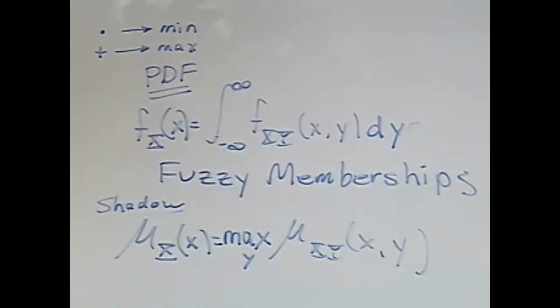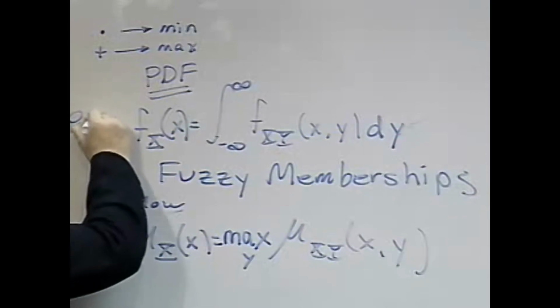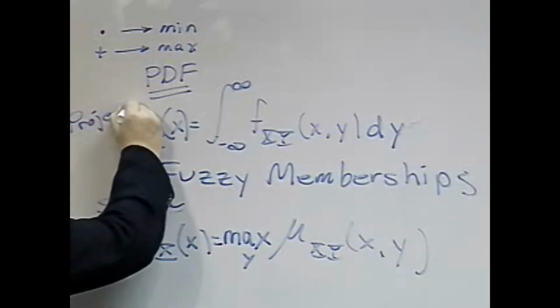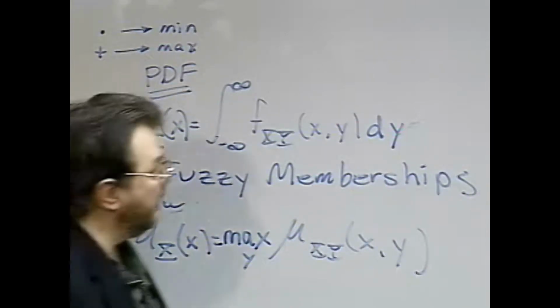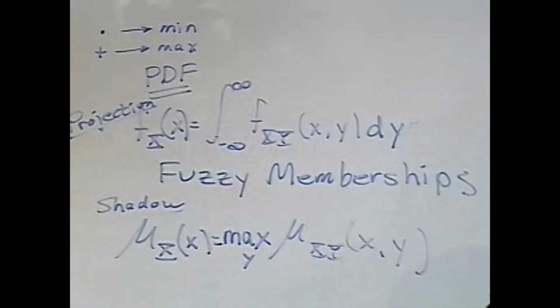And this is more of a projection. But you will notice the similarity in flavor of this concept between the idea of probability density functions and membership functions. This was originally proposed by Zadeh in his 1965 paper.